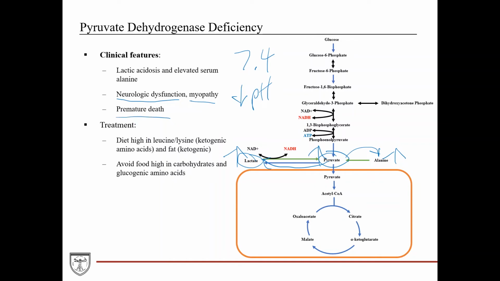Now, the way you treat this is you give patients a diet high in leucine and lysine, which are ketogenic amino acids. What that means is that they're amino acids that are broken down into acetyl-CoA.